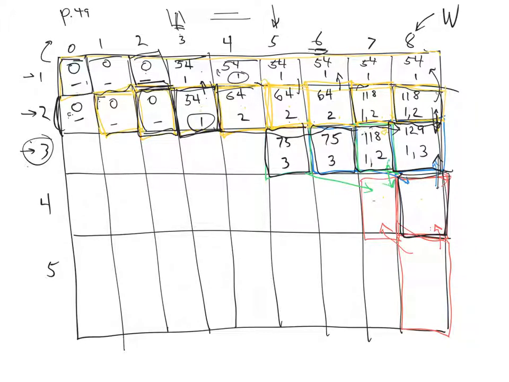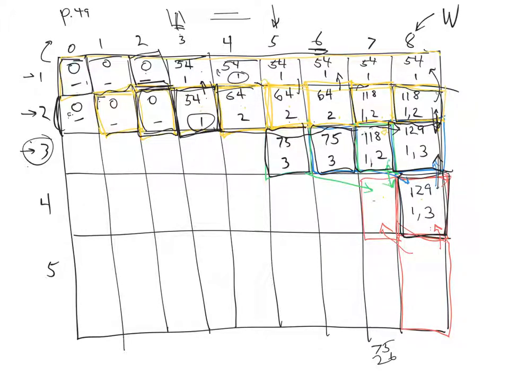So item 4 weighing 2 pounds means we look at this cell. 8 minus 2 is 6, and it's worth $26. So if we use item 4, we'll use this 75 plus 26, and 75 and 26 is 101, I guess. So we would get 101, so it turns out that the 129 beats that.